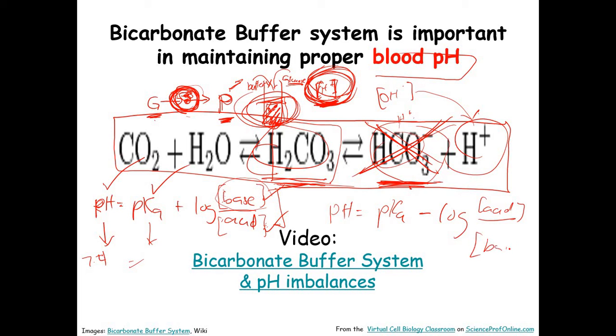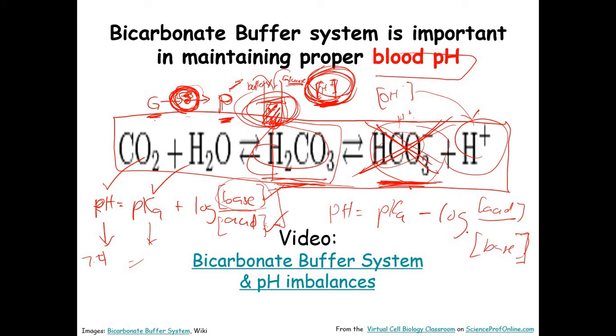So this is how you manipulate logs. If the log is negative, then you just invert it, and it becomes a positive log. You invert it. Okay? So these are the same. So just remember that if it is plus log, that's base over acid, and if minus log, that's acid over base. Okay? So that's what you need to know with regards to buffers.